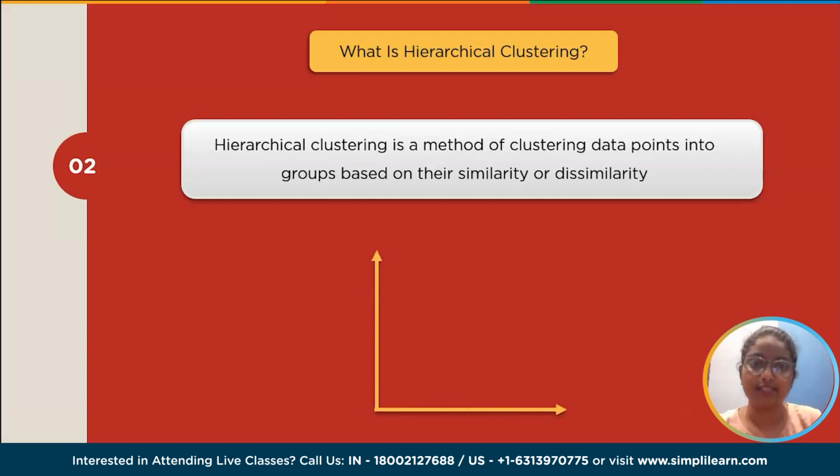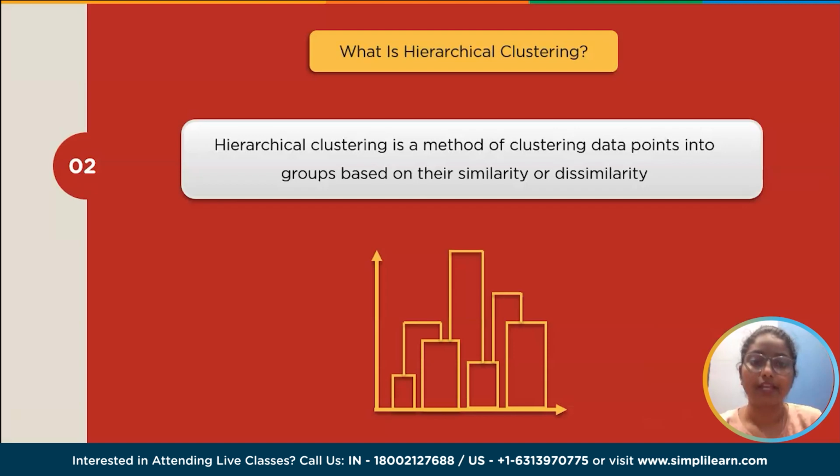In this method, a tree-like structure is created, which is also called a dendrogram, where each data point is represented as a leaf node and the clusters are represented as branches. The tree is not a single set of clusters, but rather a multi-level hierarchy where the clustering is done at one level and joined as a cluster at the next level.